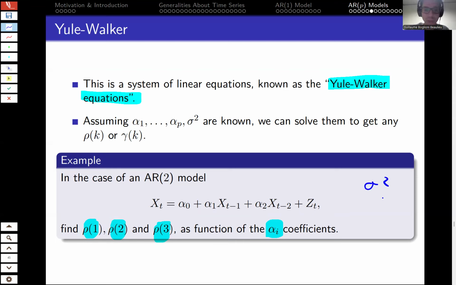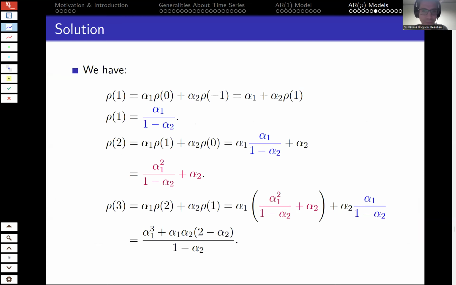Note here I'm not even mentioning sigma squared. To find the autocovariances, you would need it. But anyway, for now, try to do this by yourself. Pause the video. And now we present the solution.